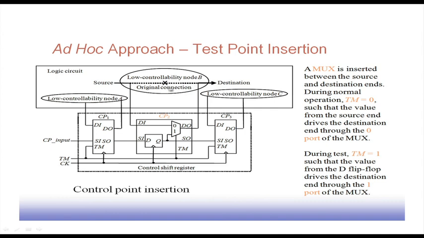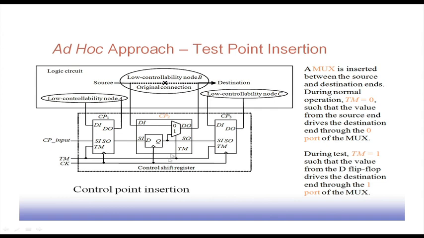Now, if we want to put some value here, externally, we again take help of some shift register. So, what we do? This connection is broken from source to destination of node B. This connection is broken, and from this source the line is taken and connected to the data input of this CP2 cell.